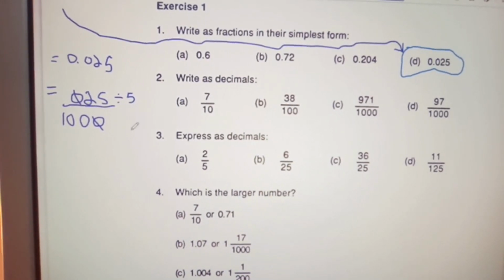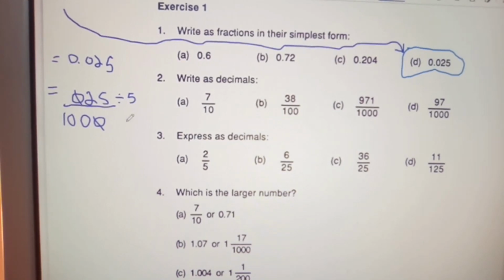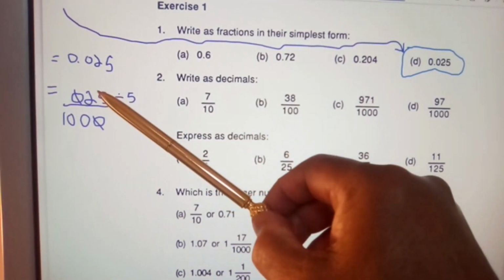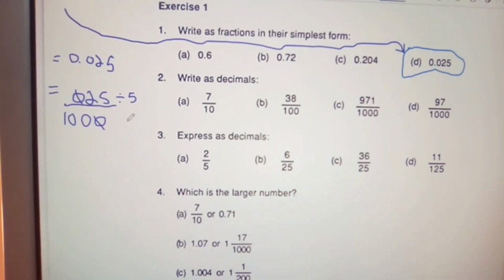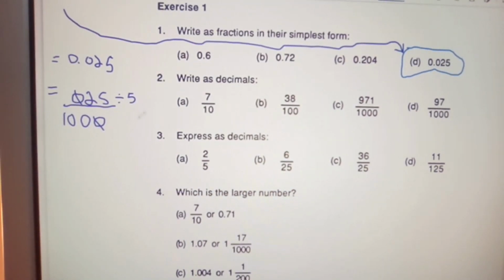So you're looking for a common number that will go into both top and bottom, numerator and denominator, that will go into both the numerator and your denominator.